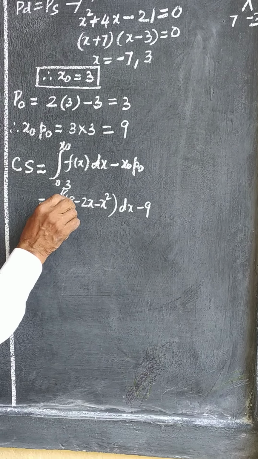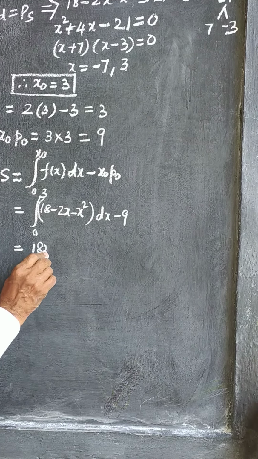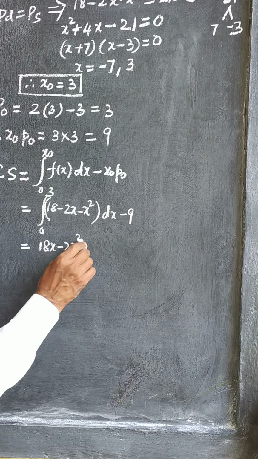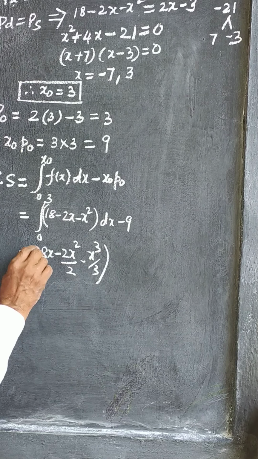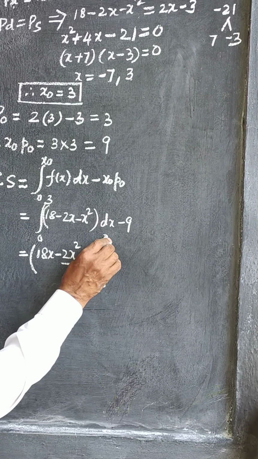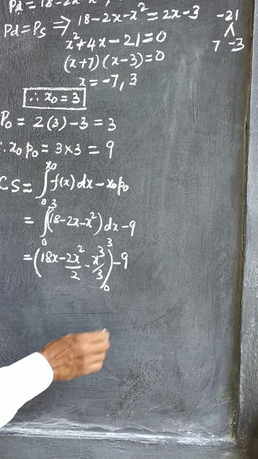So integrating, you get 18x minus 2x square by 2 minus x cube by 3 from 0 to 3 minus 9.